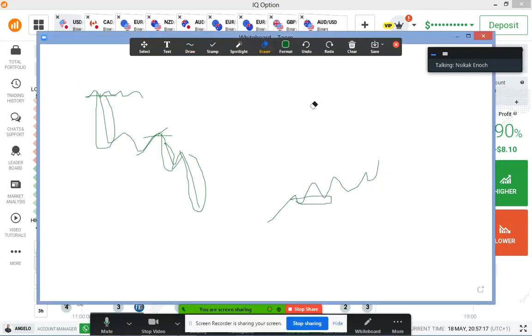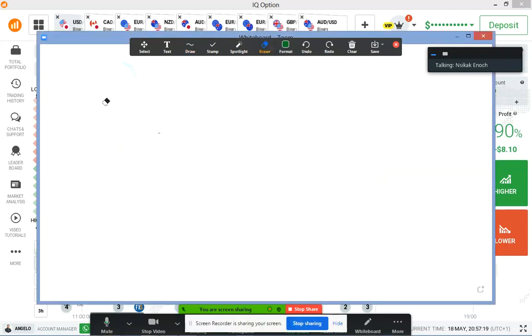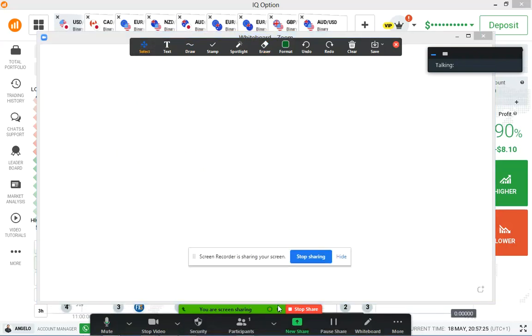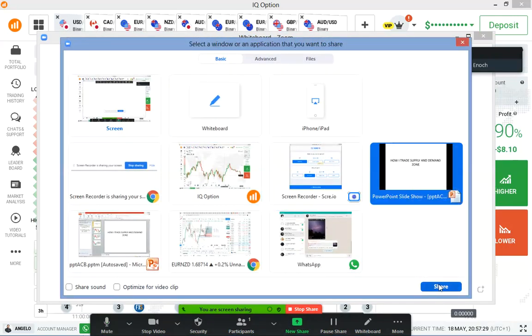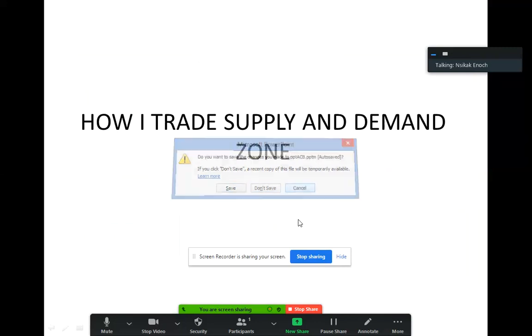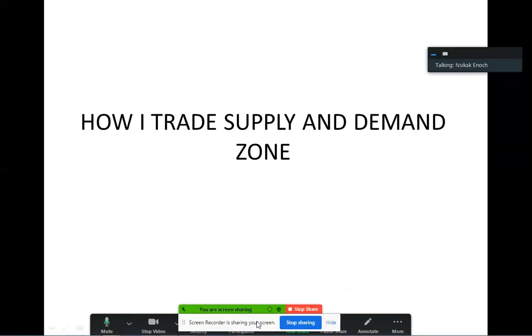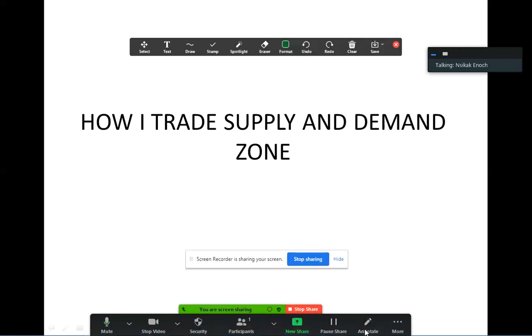Okay, so I'm going to show you how exactly I trade on supply and demand zone. Here is how I trade supply and demand zone. When you are trading on supply and demand zone, there are two types of supply and demand zone.